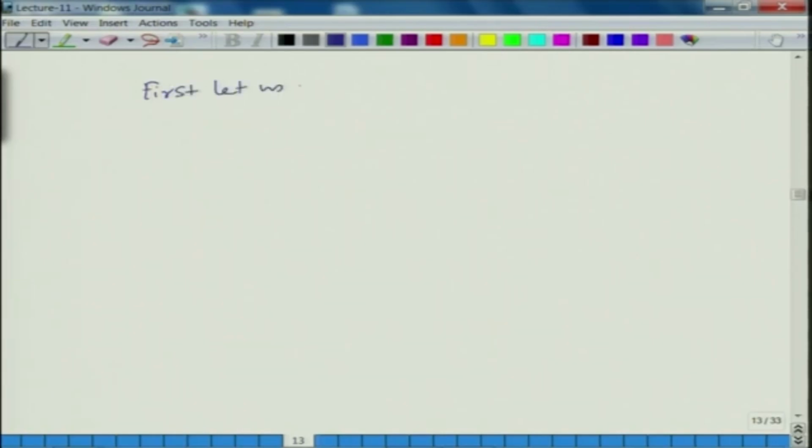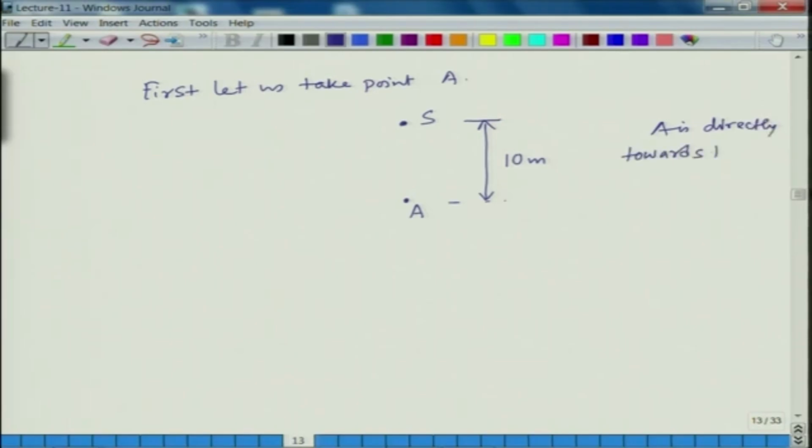First, let us take point A. Okay. So, this is our point S, this is our point A, we are singling it out, and this distance is given, this is 10 meter, and A is directly towards the south of S. Okay.